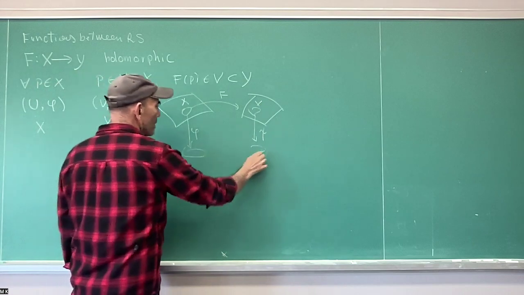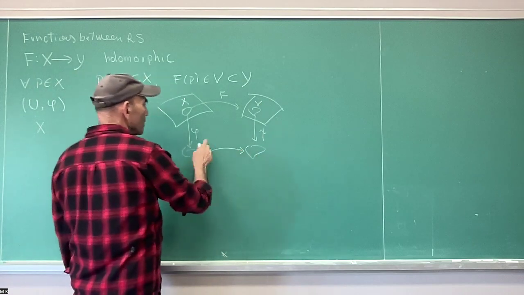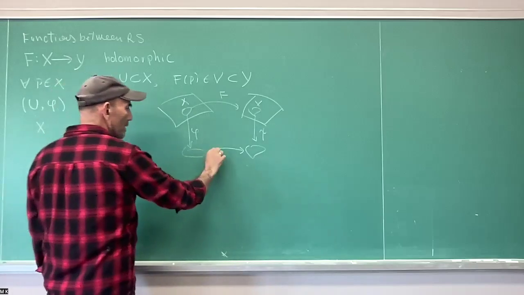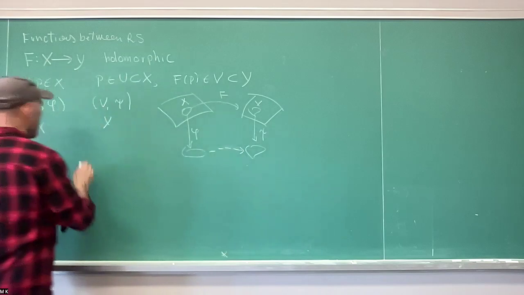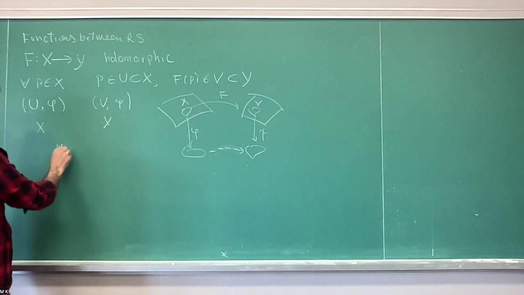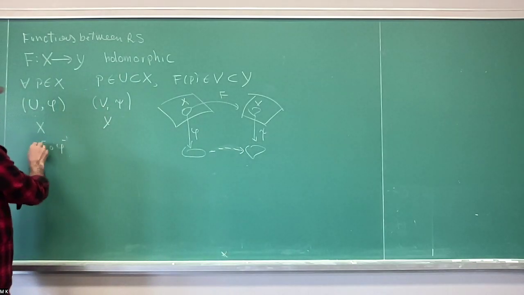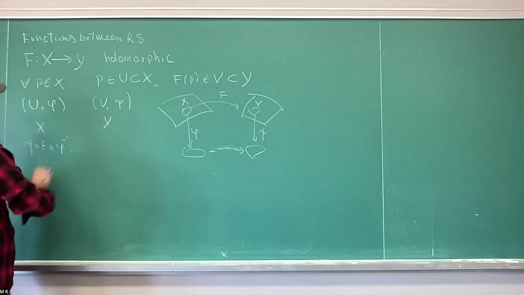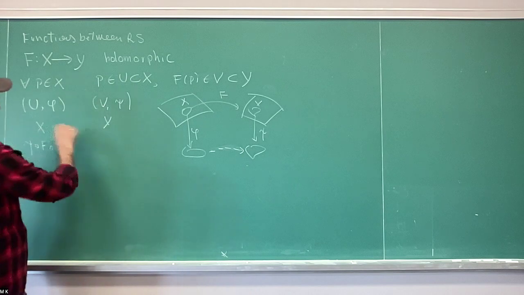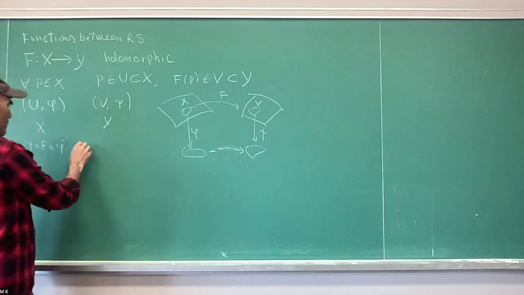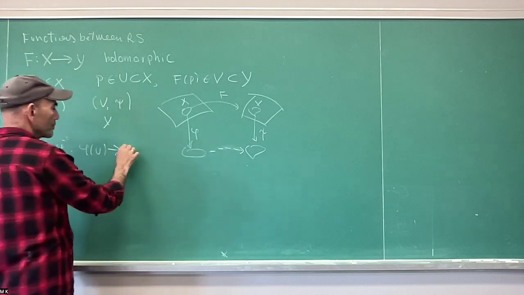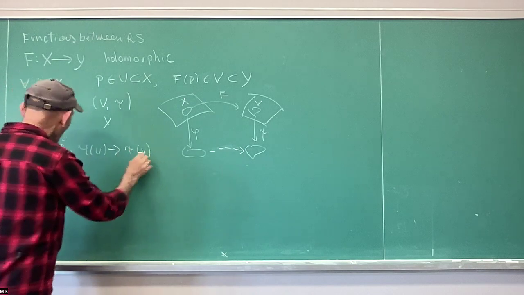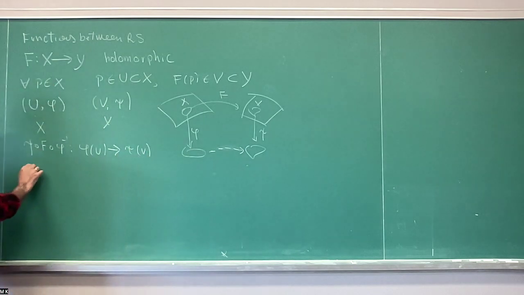You get a map here. So the map that you have is phi inverse composed with f composed with psi. So this goes from phi of U to psi of V. This should be holomorphic.